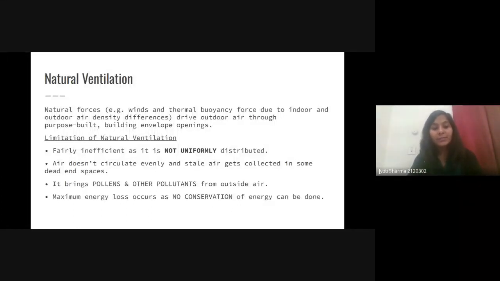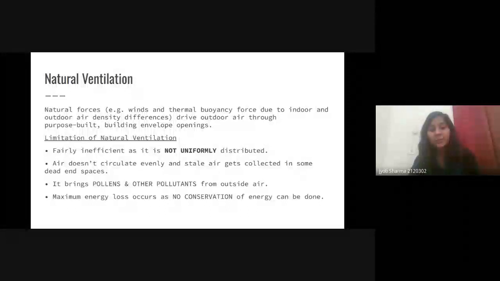Then there are some limitations of natural ventilation in your home. It is fairly inefficient as it is not uniformly distributed. You install a window, but some corner may not have a good exchange rate of the pollutant, so it is not uniformly distributed.